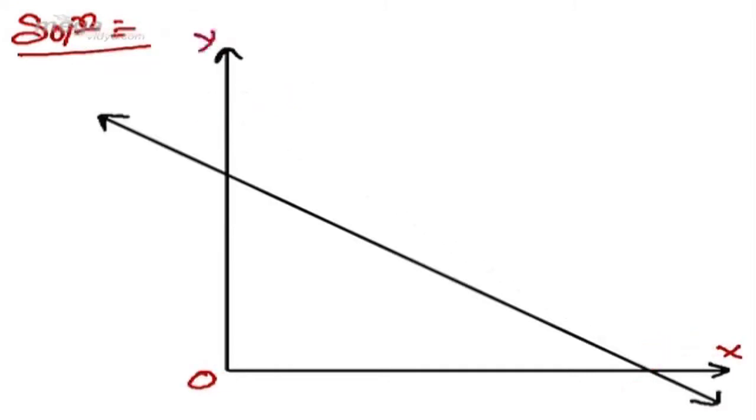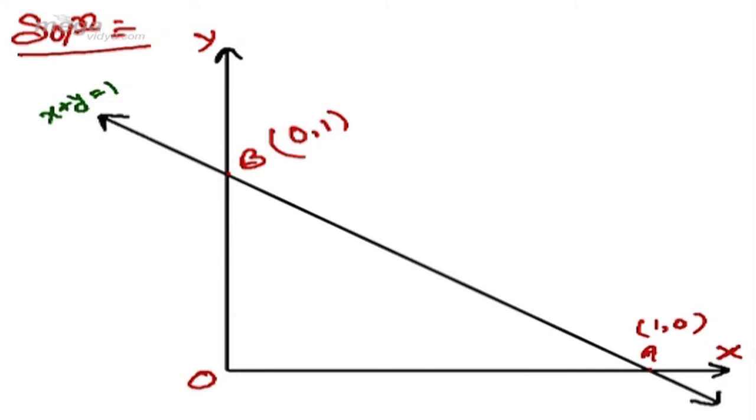So student, this is the figure, the x axis and y axis, and this is the line whose equation is x plus y equal to 1. It intersects the x axis at the point A and the y axis at the point B. Therefore the coordinate of B is (0, 1) and the coordinate of A is (1, 0).